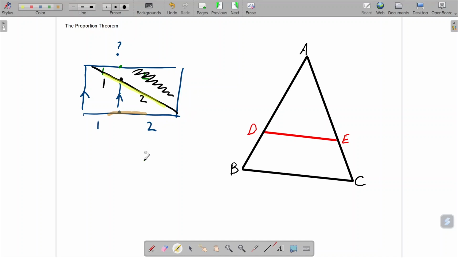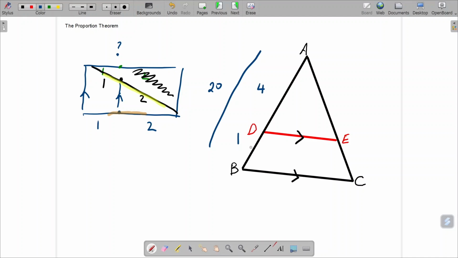So what the proportion theorem says is that if I have this triangle and it is cut by a line that is parallel to the third side of the triangle, starting with point D on line AB and point E on line AC, such that, let's say this line's total length was 20, and I was breaking it up in the ratio of 1:4.